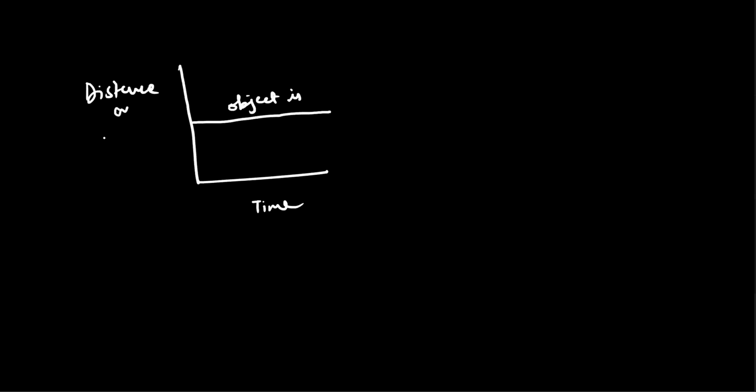Distance, or you can say this is a position time graph. If a line is parallel to the time axis, its position is constant. All the time the position is constant. You understood? The object is not moving.